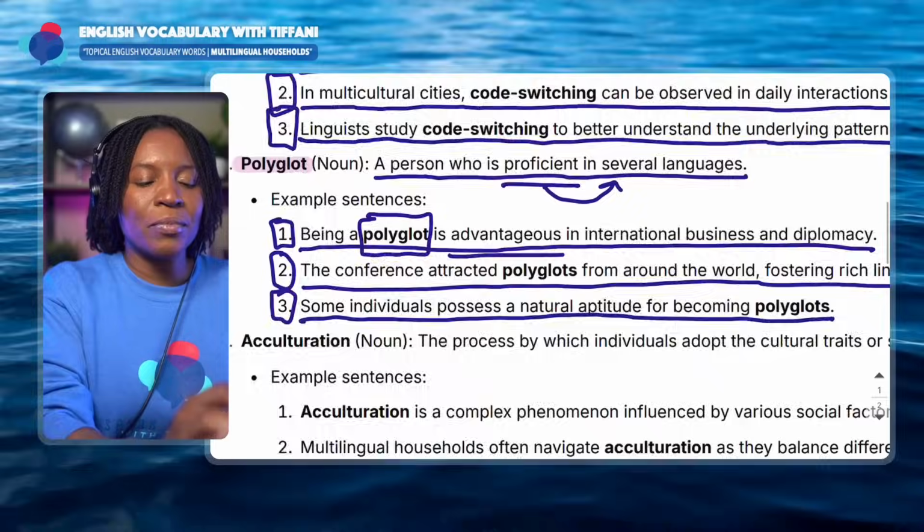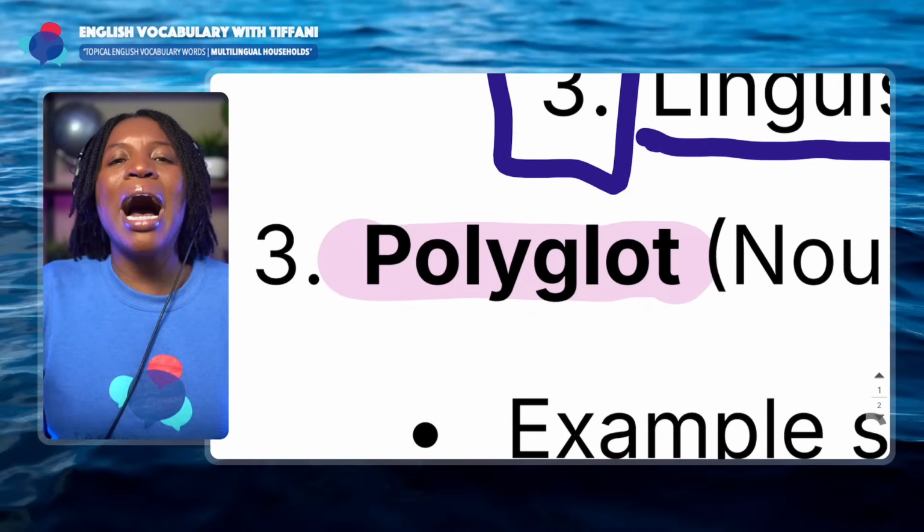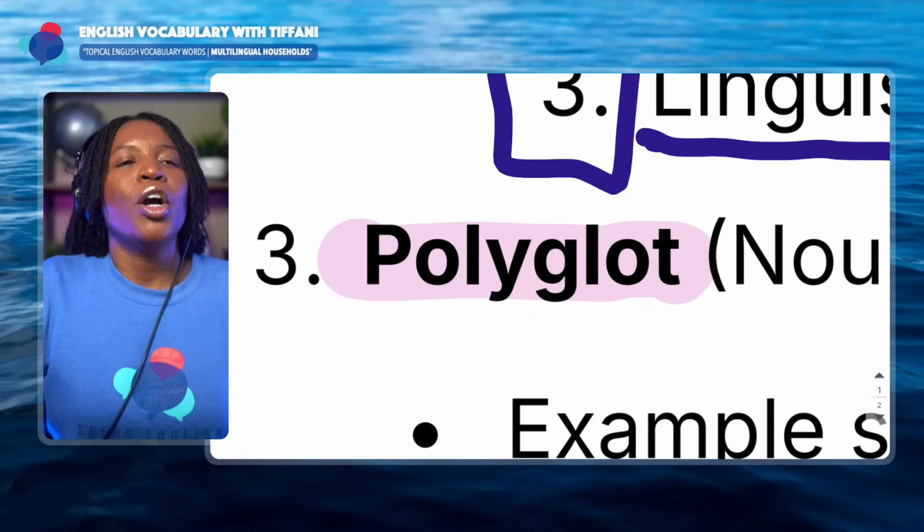Makes sense, right? So again, number 3, polyglot. Good. All right, so what was number 1, the first word? Bilingualism. Very good. What was the second term? Code switching. Very good. And the third word you learned? Polyglot. Excellent. Very good. All right.